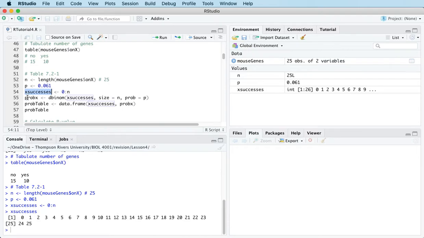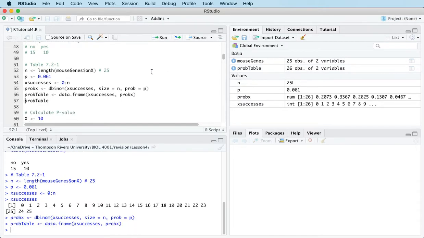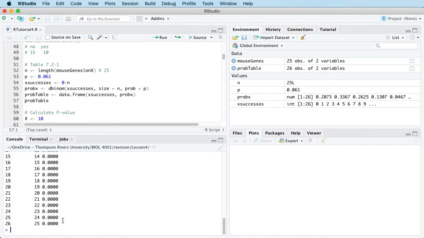And then we're going to use the dbinom function to calculate our probabilities. And then I'm just going to round the results so that we can see things a little more easily without getting encumbered by scientific notation.